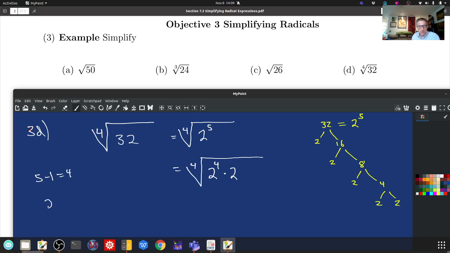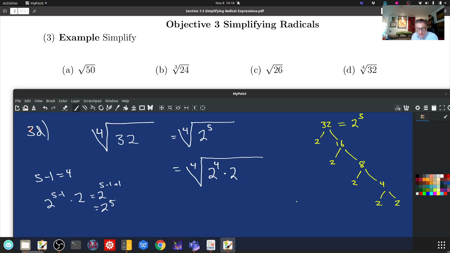So I have to do 2 to the 5 minus 1 times 2, and that's equal to 2 to the 5 minus 1 plus 1, which is equal to 2 to the 5th. So I have my equality.